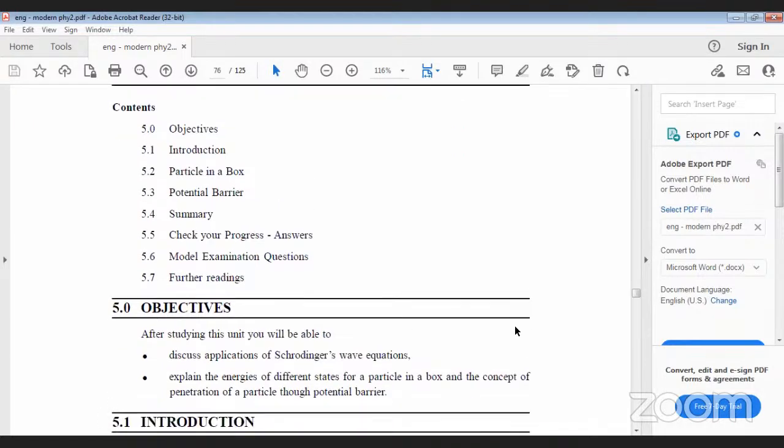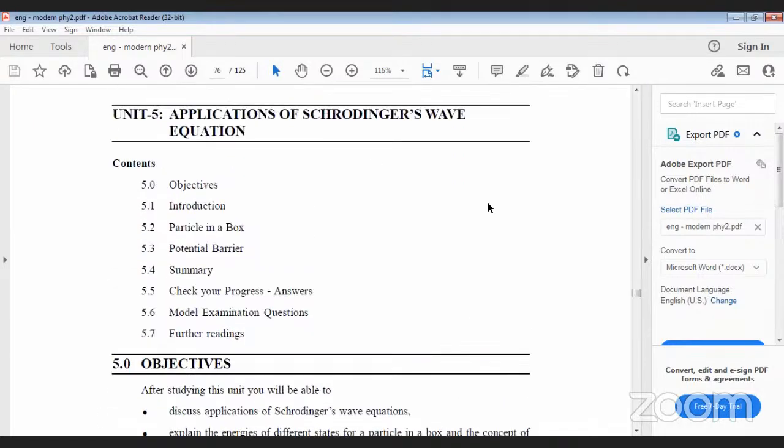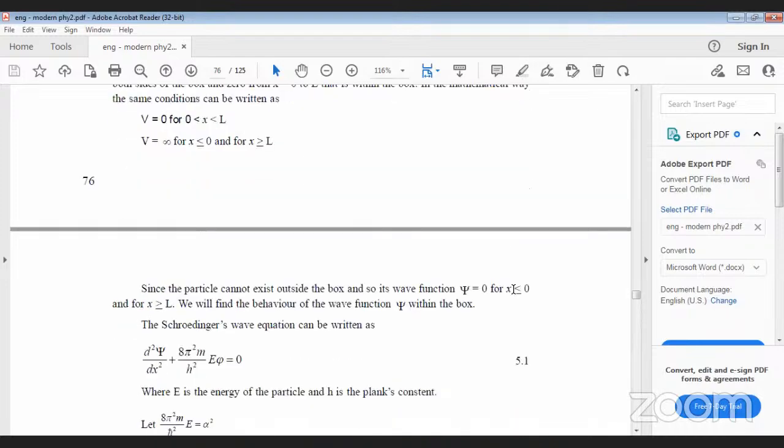ఇది చూద్దాం. So by the coming class we will discuss the applications of the Schrodinger wave equation. Particle in a one-dimensional box. What is the potential difference? Potential barrier.